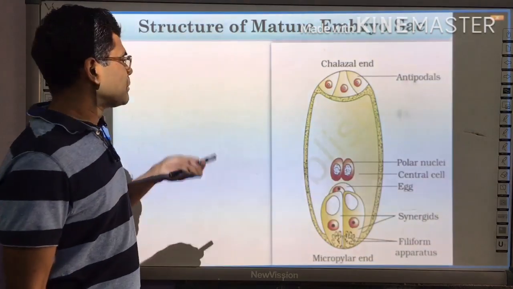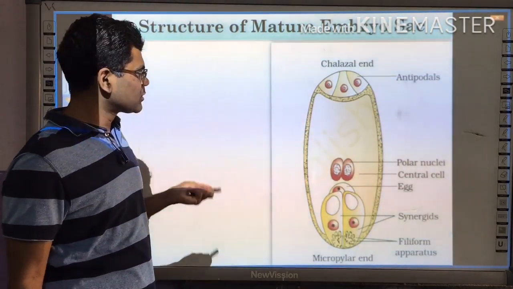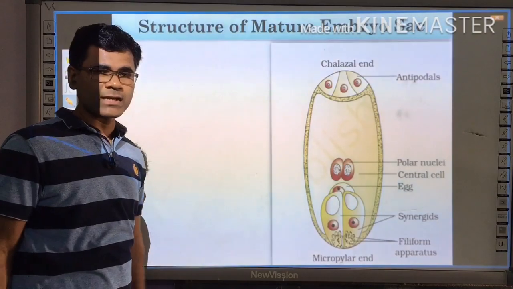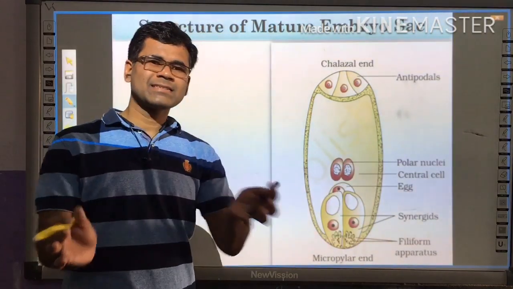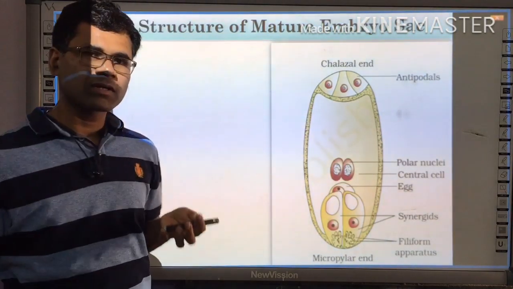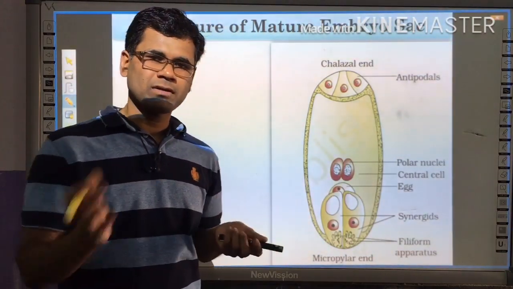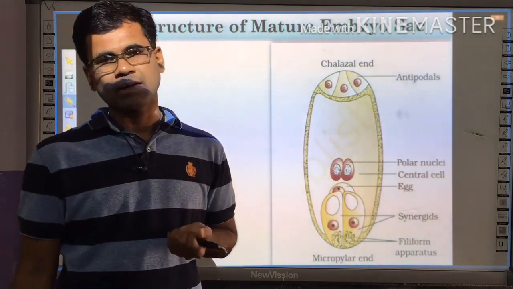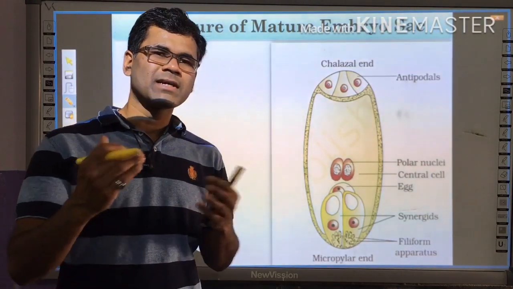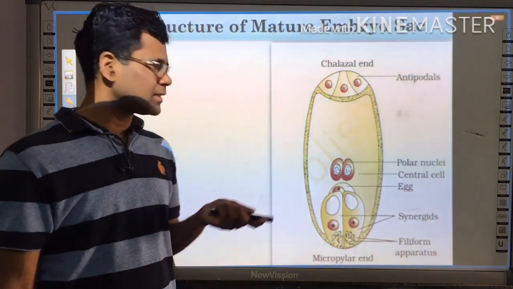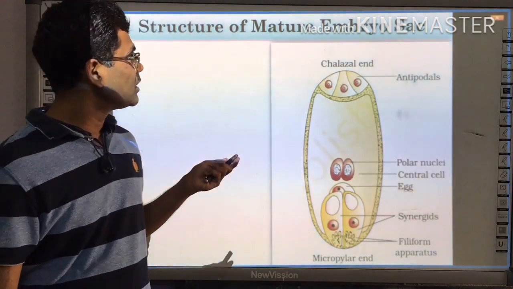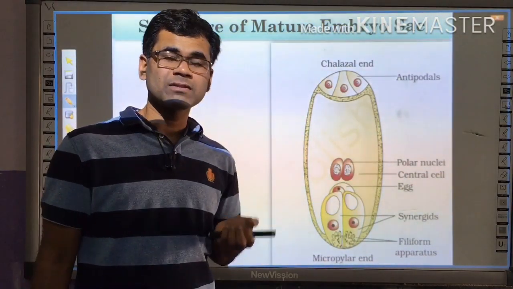As we are talking about the structure of the mature embryo sac, it is the site for double fertilization. We have already studied this in class 10th also. Then the word double fertilization was not there, but I think the structure of the megaspore and the embryo sac was there.